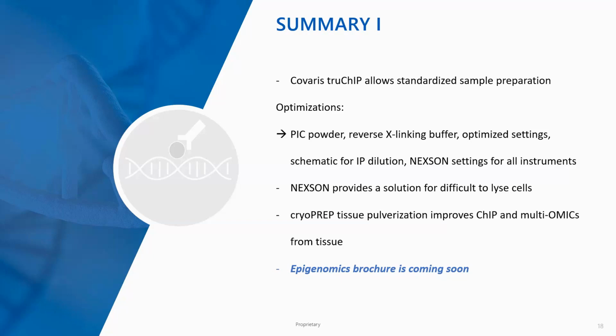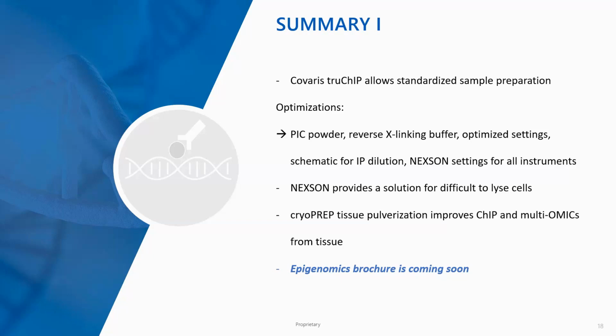We have provided a schematic for IP dilution. We provide native settings for all instruments except the LE220+. And the next one itself provides a solution for more difficult to lyse cells, where you can support chemical lysis with mechanical lysis. And I have shown you the CryoPrep tissue pulverization system, which improves ChIP from tissues and also allows for multi-omic approaches. And I told you that the epigenomics brochure is coming soon.